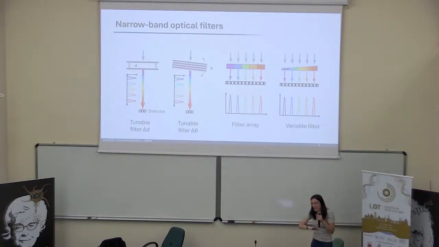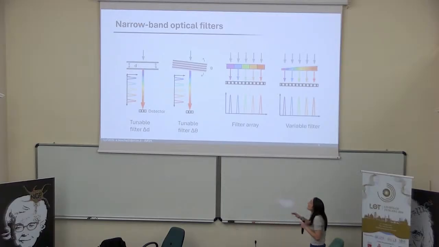So imagine a 2D array of narrowband optical filters. So ideal delta function filters. Think later about the complexity of the fabrication of the system. So in this case, spectral reconstruction can be really easy because it's very easy to have this kind of array on top of a CMOS array.